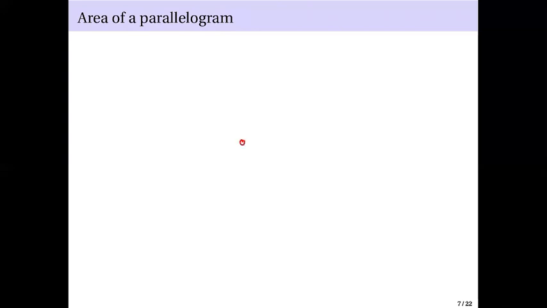For example, this is your vector u, and this is your vector v. Let me put the arrowheads here. So you have two vectors with the same initial point. You can generate a parallelogram with u and v as adjacent sides.